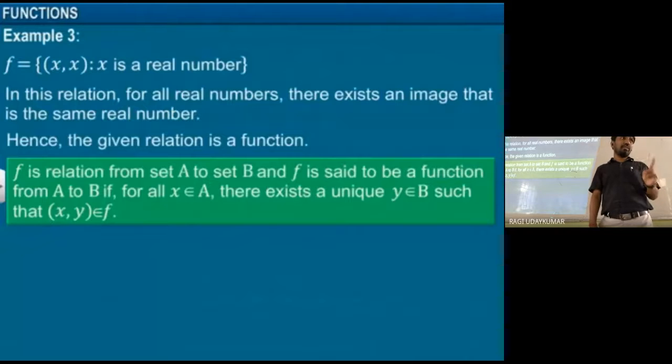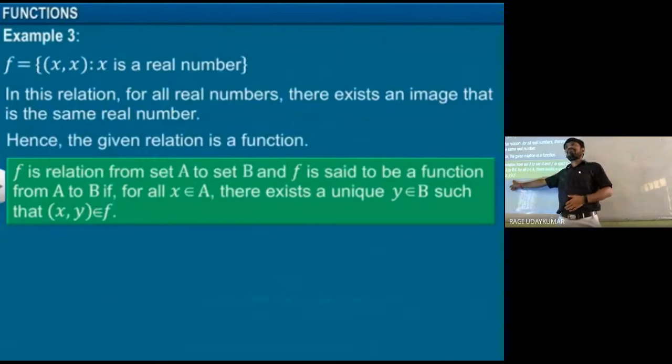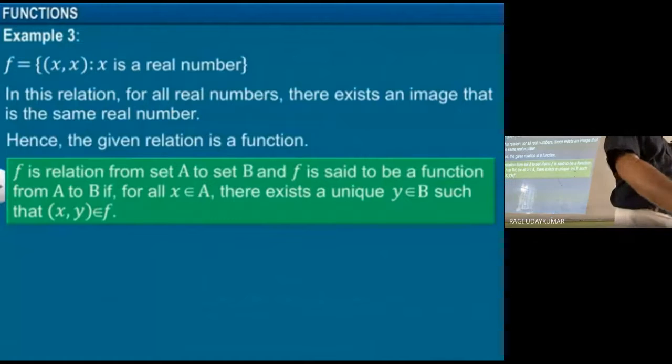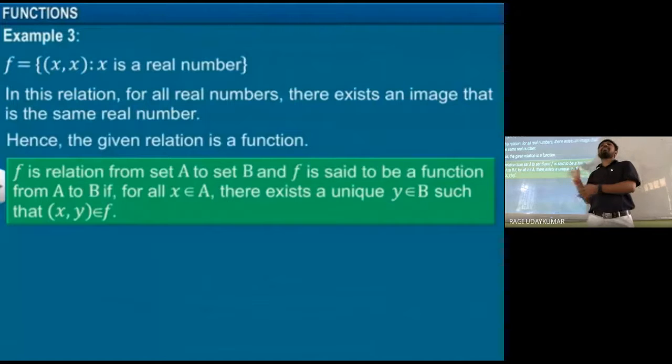There should compulsorily exist a unique y belongs to B such that (x, y) belongs to f. Or you can say that f of x equals y. So this condition is the mathematical way of defining the function. Mathematically function को define करना है.